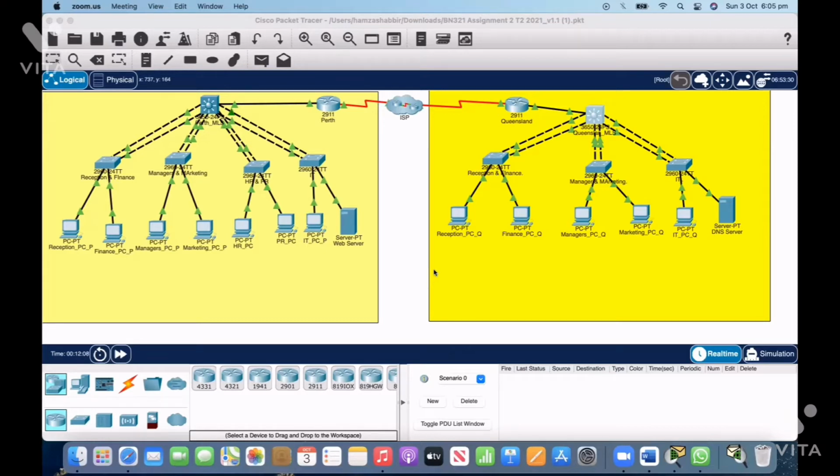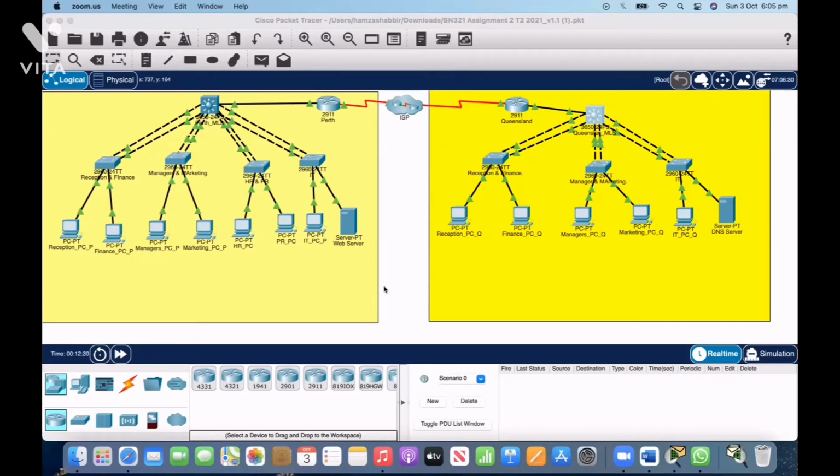The access layer switch connects to the multilayer switch through a 1 gigabit trunk interface configured with EtherChannel to provide high capacity and redundancy. We have also configured VLSM and OSPF or other routing protocols, which my friend Hamza is going to talk about.